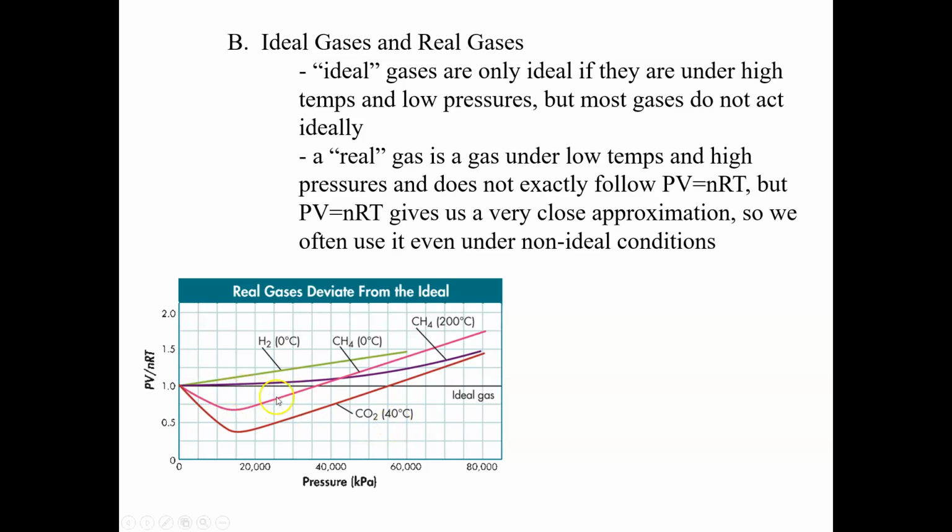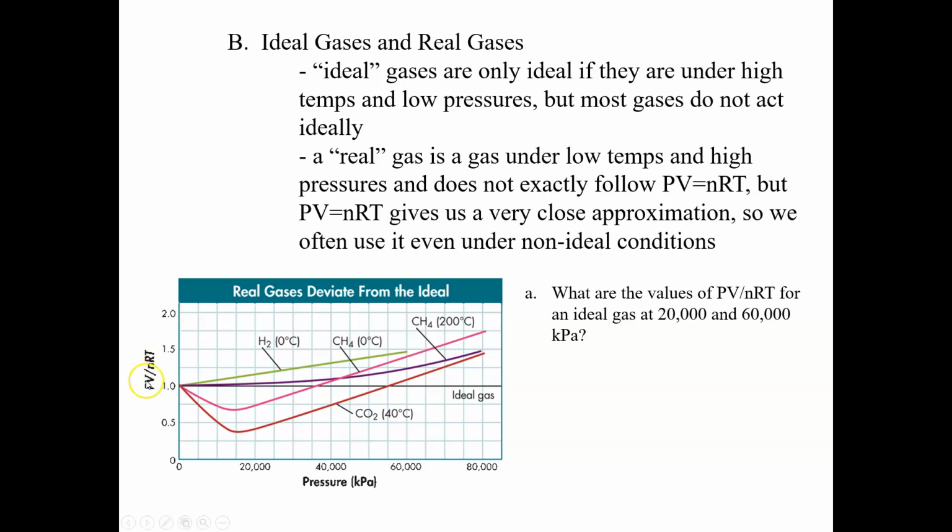Look what happens to the way these kind of go off the rails as the pressure goes way up. As the pressure goes way up here, we get way far off of PV equals nRT. But most of the time, we're not working with really high pressures of gases. We're going to keep our pressures relatively low. And so as long as we're staying right around here, we're going to be all right. But if you were looking at this graph, let's answer a couple questions.